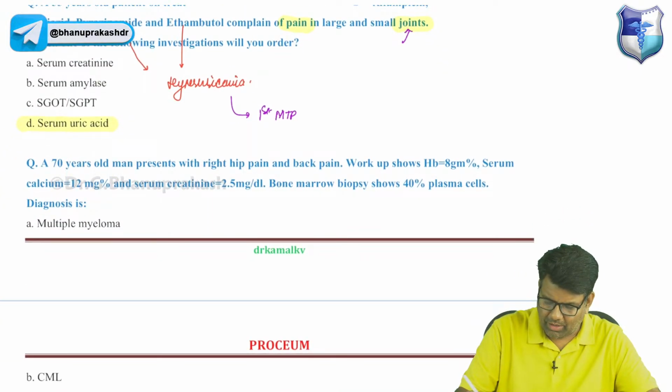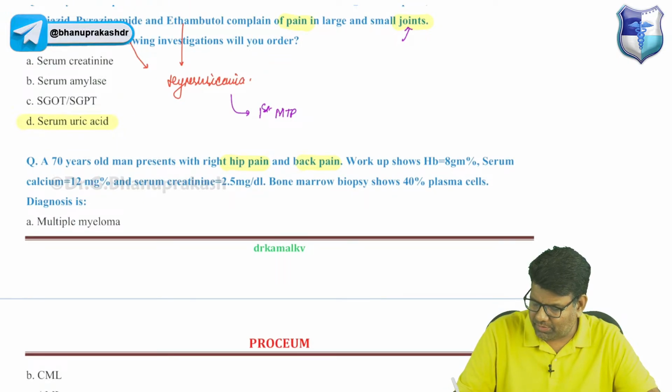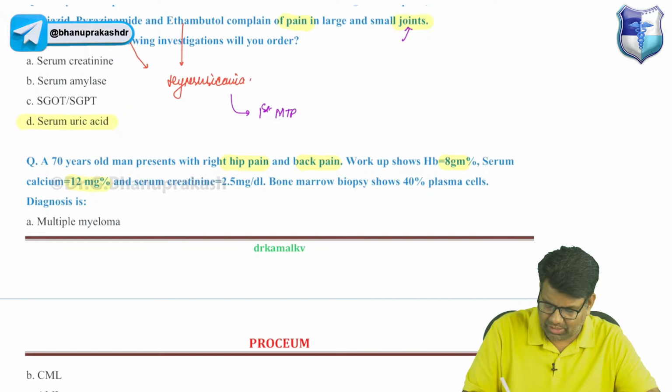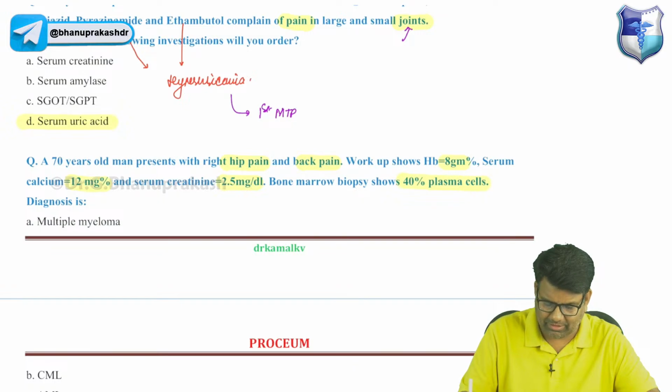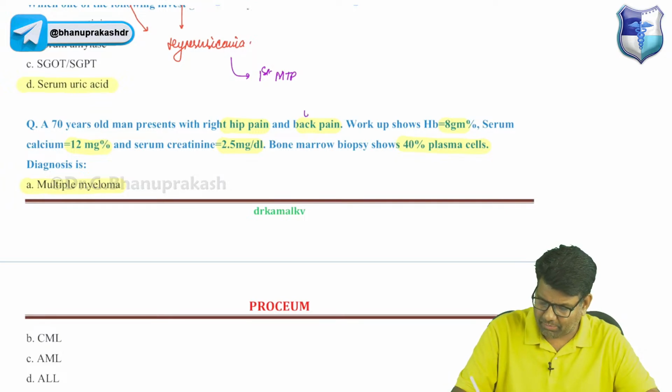Next question. An elderly male has right hip pain and back pain, and when we did the workup, hemoglobin was low, calcium was high, creatinine was also high, and bone marrow biopsy showed increased percent plasma cells. I think this is a classical picture of multiple myeloma. Low back pain is there, then anemia.